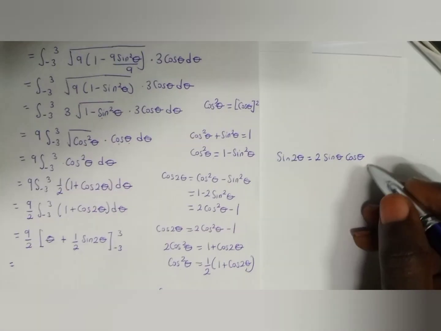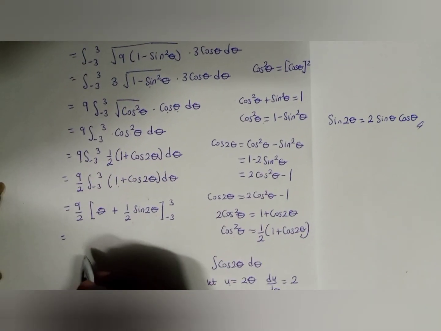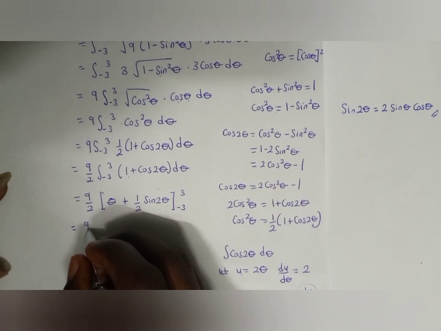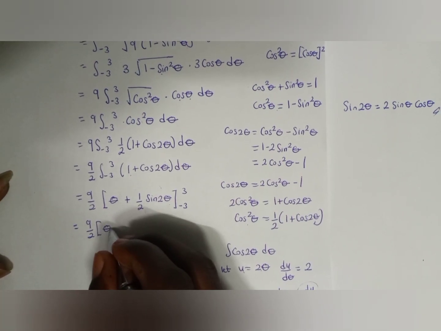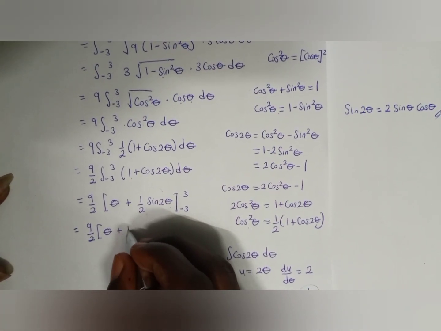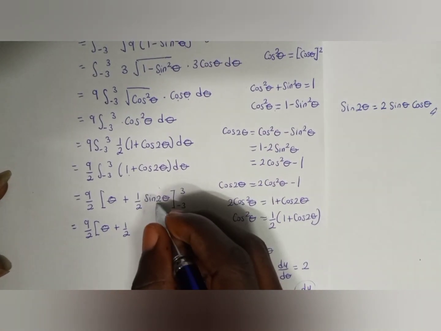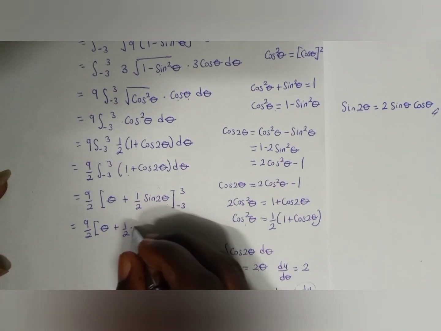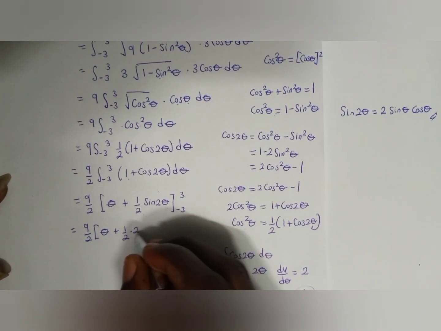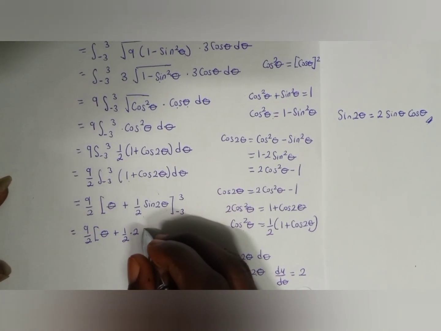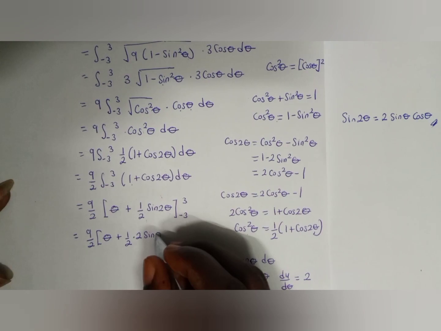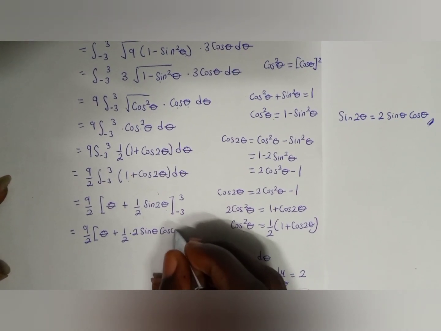Okay, so here we are going to get 9 out of 2 theta plus 1 out of 2. In place of sine 2 theta, we are going to have 2 sine theta cos theta, from the trig identity.